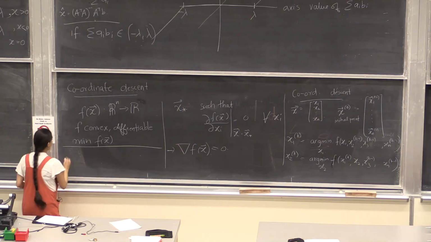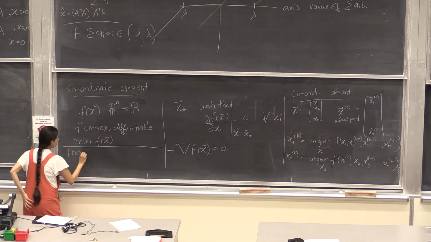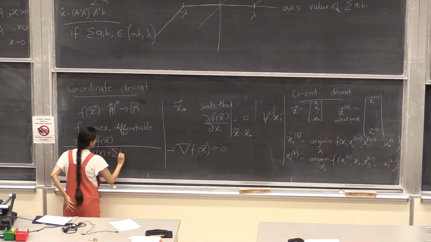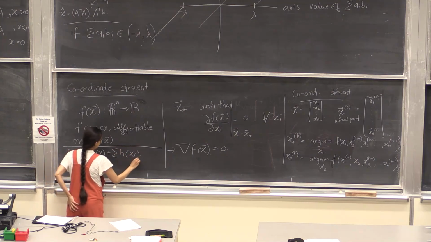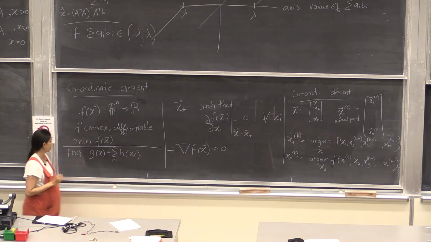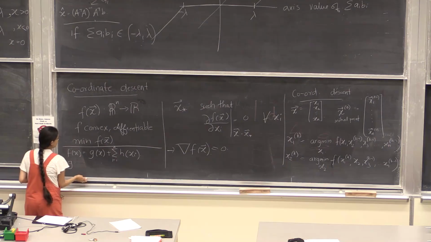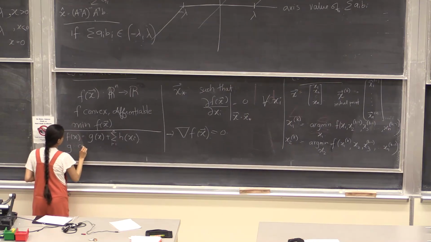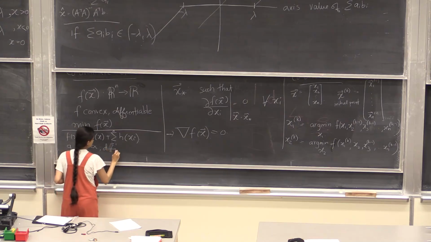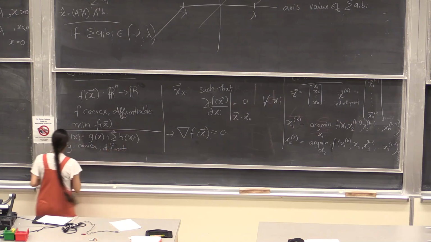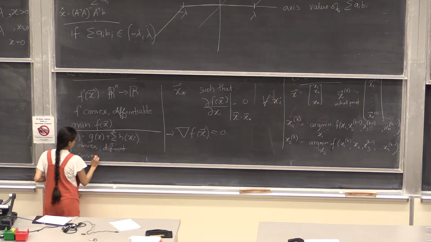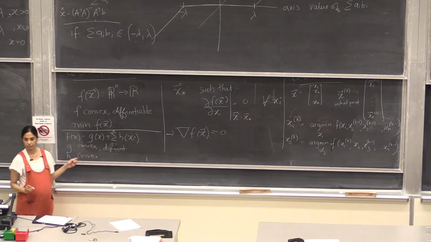So if I have f of x of the form g of x plus sigma h of xi, where g is convex and differentiable, and h is convex. It need not be differentiable. Okay?